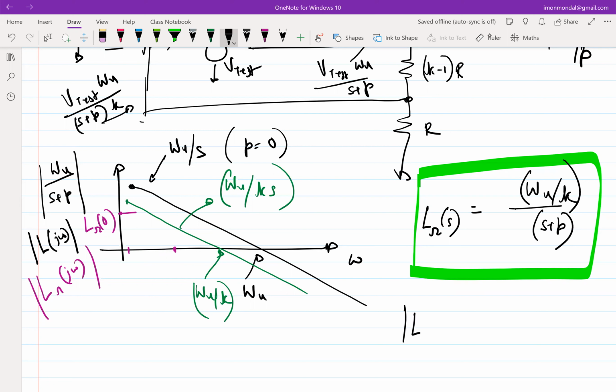So for L real of s for omega greater than P, how can I approximate it using Bode approximations? I want the transfer function. I have the transfer function here, and I want to approximate it using Bode approximation. So what will this transfer function look like?